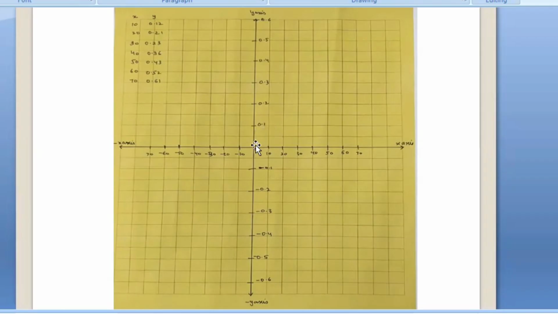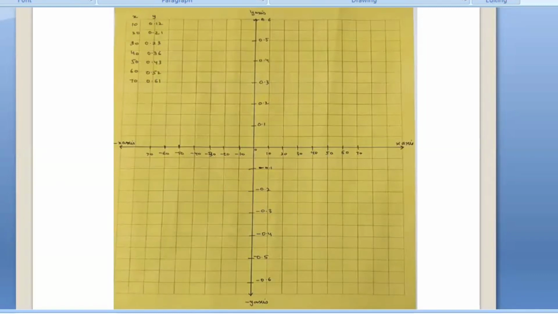Here I first select 2 centimeters. Starting with 0.1, at every 2 centimeters I put the values 0.1, 0.2, 0.3, 0.4, 0.5, 0.6, up to 0.6 in our table. And on the other side is the negative values of the y-axis. In this way we select the scale.